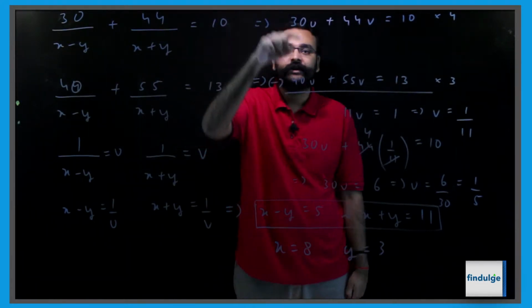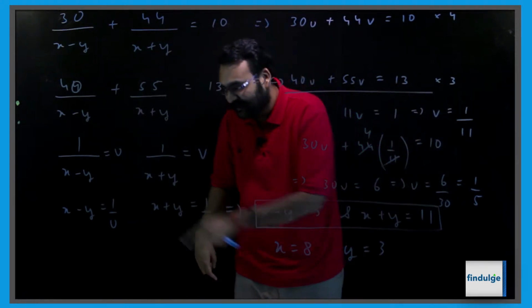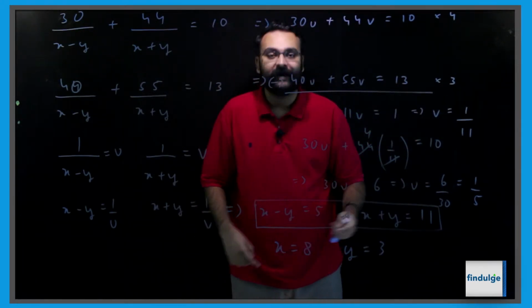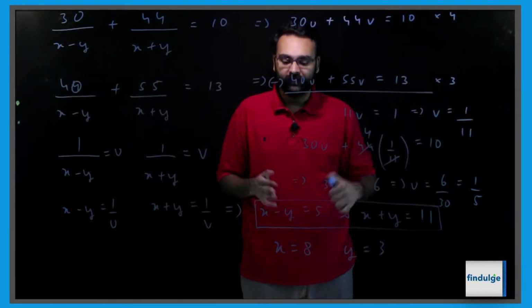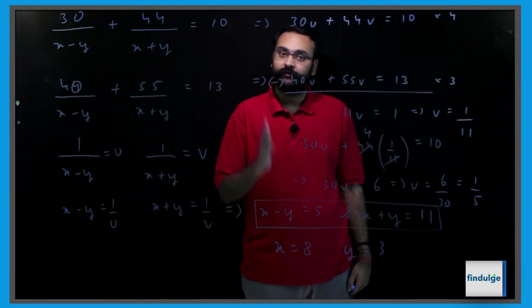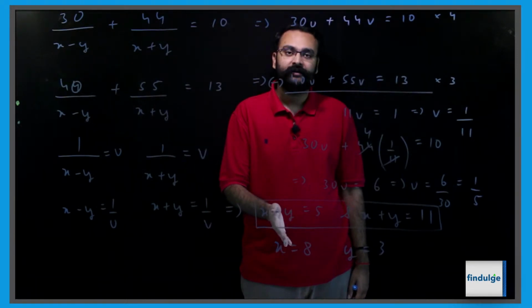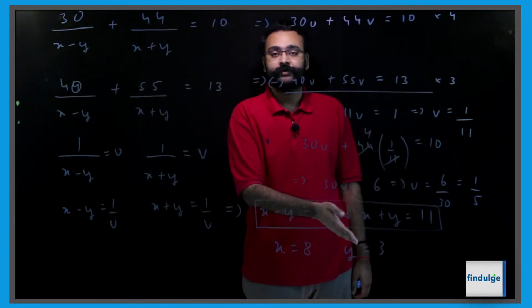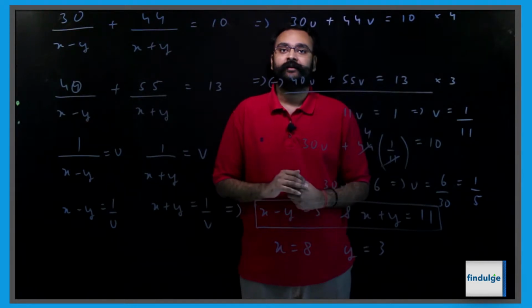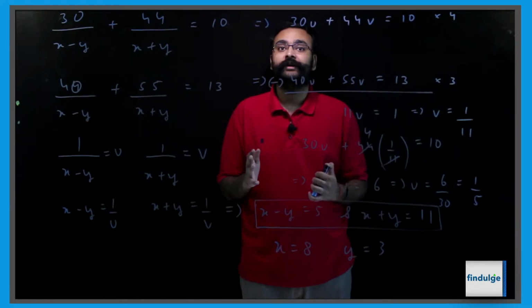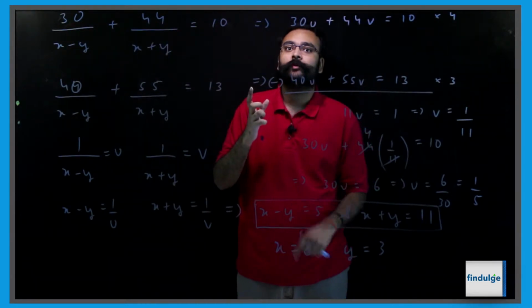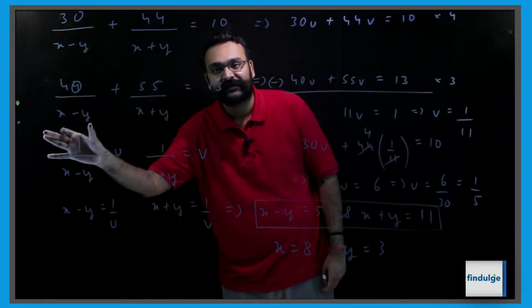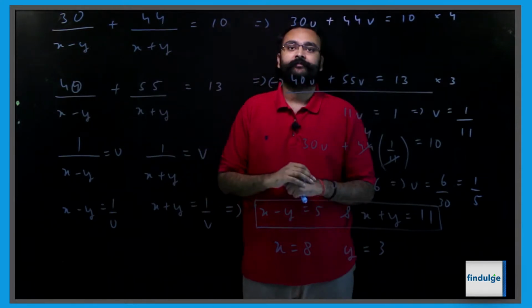First to get the u and v, then back into that substitution to get our final equation. So in this way, we have found that the speed of the boat, which was our x, is 8, and the speed of our stream, which was our y, is 3. So this is how you deal with these kinds of linear equations. And the key is to observe this is the same, this is the same.